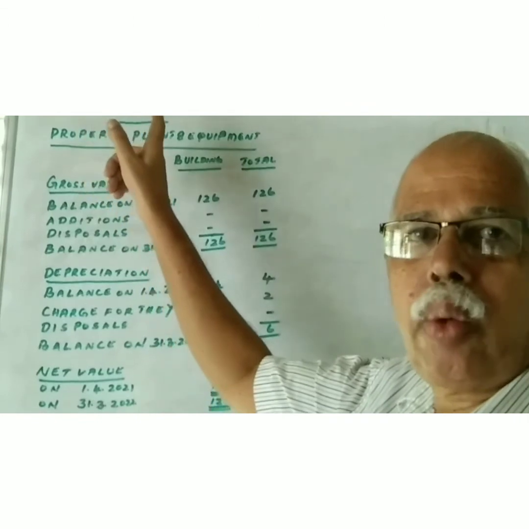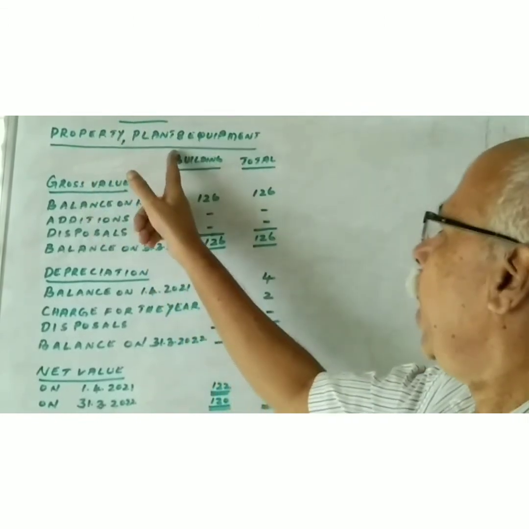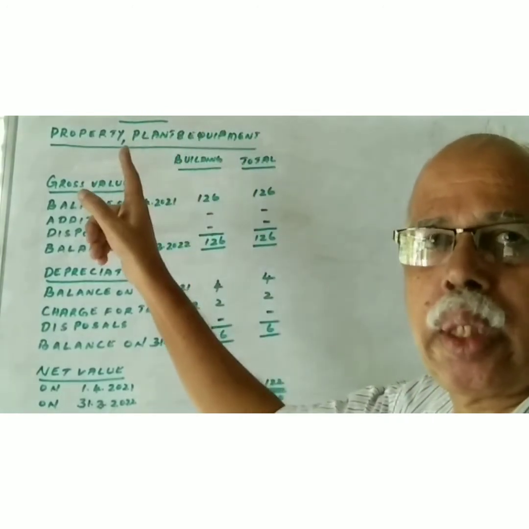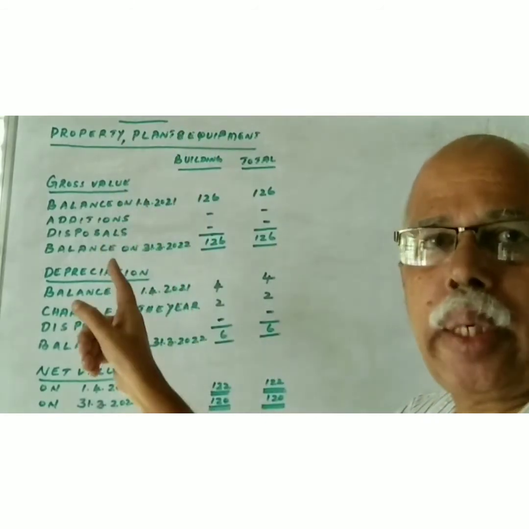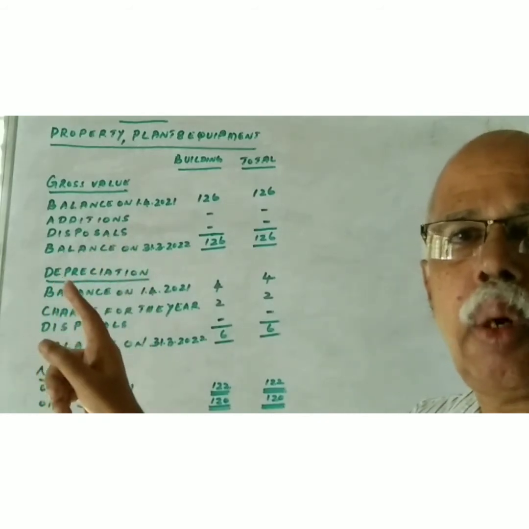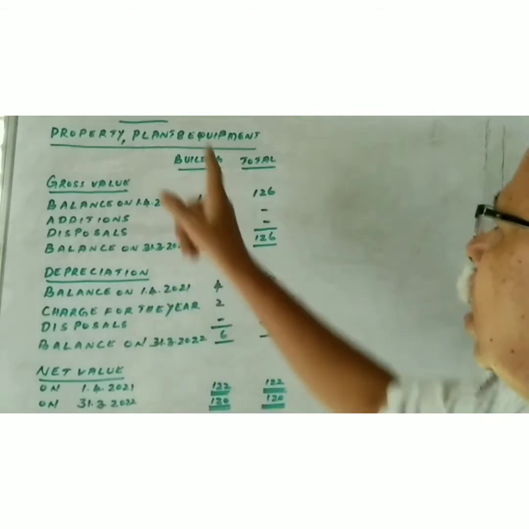Let us now take a look at a note on property, plant and equipment. All notes will be numbered to distinguish one from the other. Notes are required to be incorporated into the financial statements in order to give the details of assets and liabilities shown in the balance sheets.